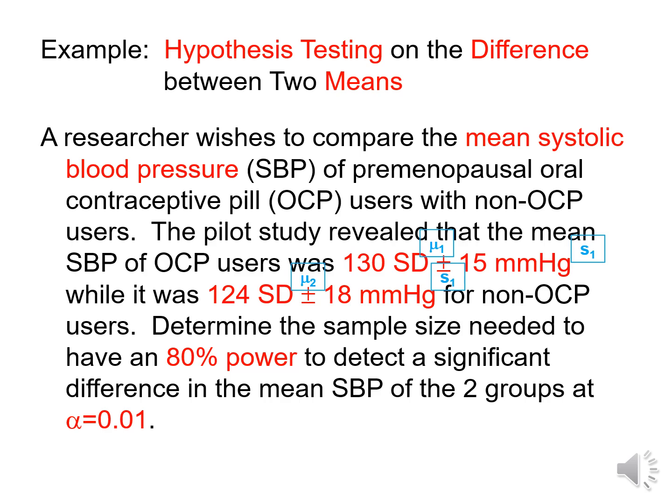Determine the sample size needed to have an 80% power to detect a significant difference in the mean systolic blood pressure of the two groups at alpha equal to 0.01.